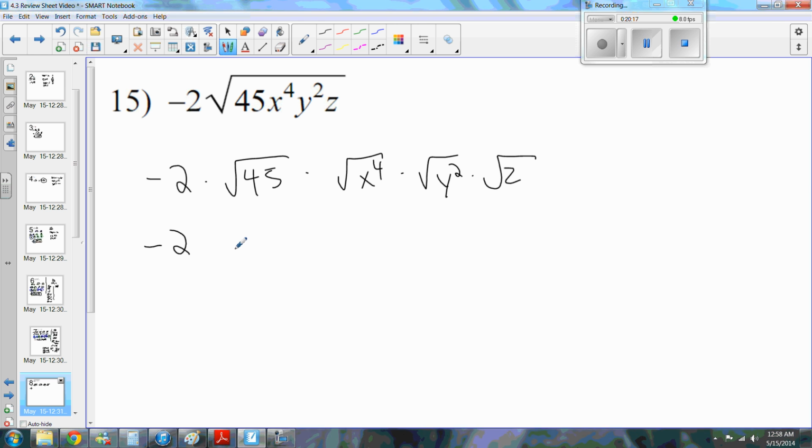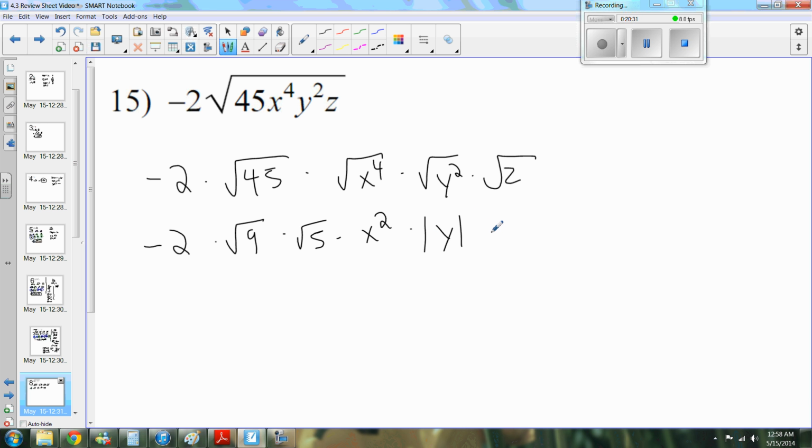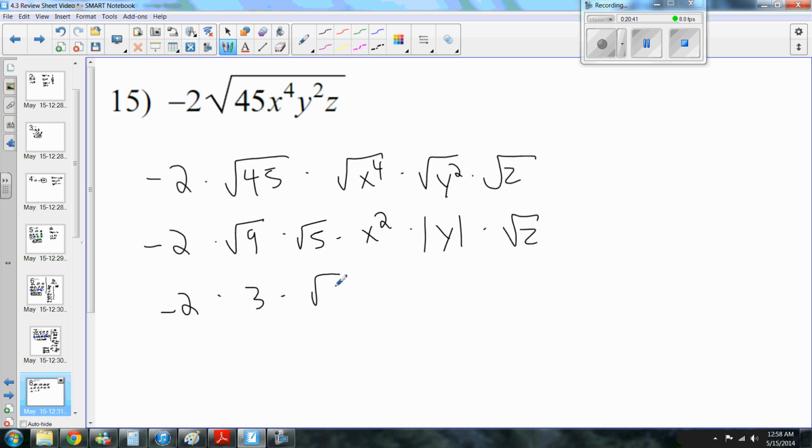In that, negative 2 times 9 is the greatest perfect square factor of 45. Root 9 times root 5. X to the fourth is x squared. The square root of y squared is absolute value y. And then the square root of z stays. We don't need to change that. So this becomes negative 2 times 3 times root 5 times x squared times absolute value y times root z.